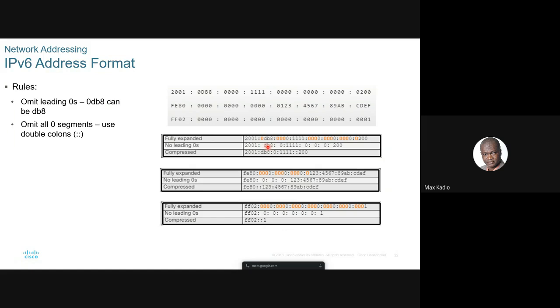Here we have 3 leading zeros you can remove and keep the last one, and so forth. And if you have a lot of zeros together, you can replace them with a double colon. No need to memorize it, just to get an idea.